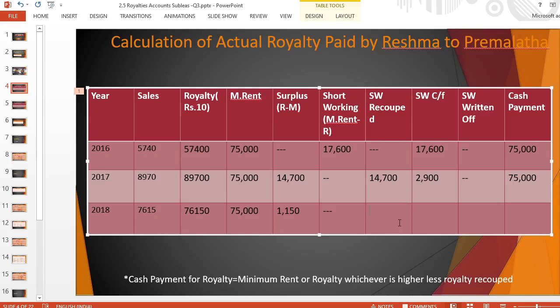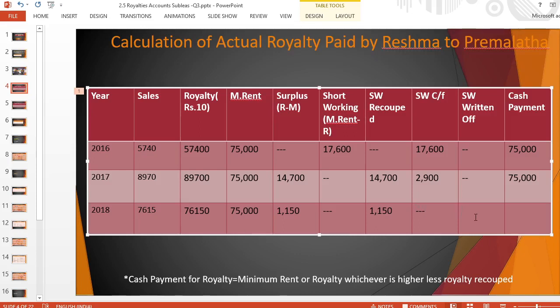And in the last year 2018 we have 1,150 rupees surplus and 2,900 short working. Whichever is lesser is considered here. The lesser amount is 1,150 rupees here. And carry forward balance, we cannot carry forward any balance because the 2 years will complete in 2018.